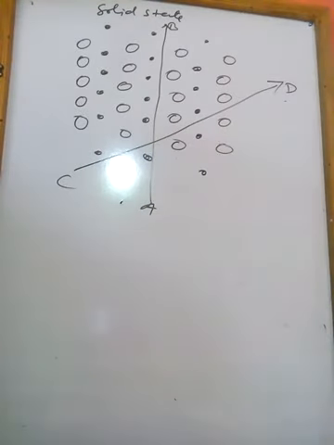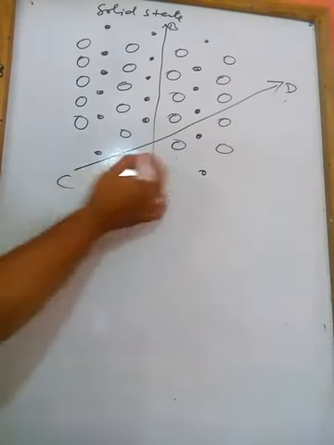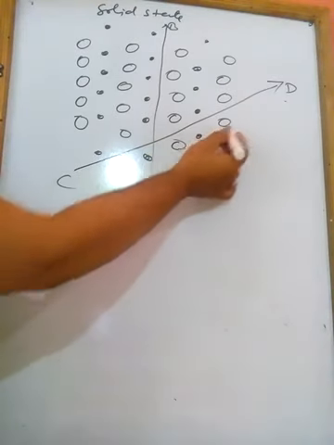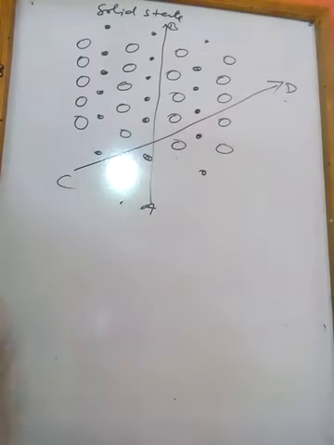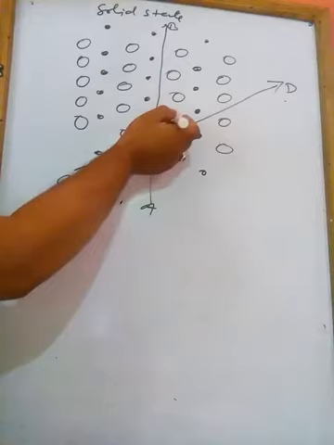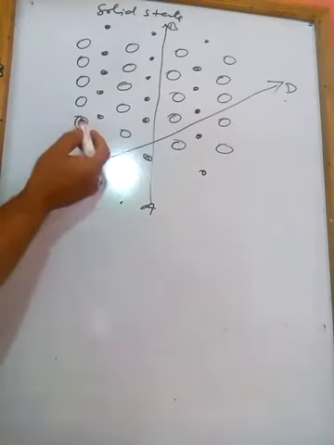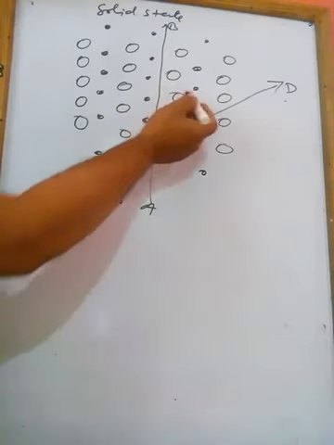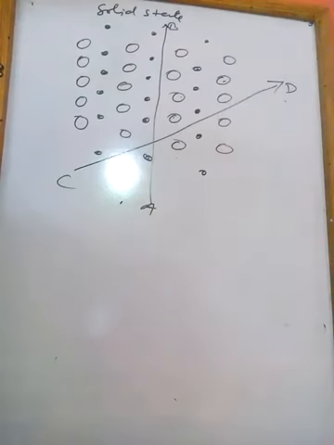If we look C to D, what happens? Small, big particles are repeated. Big, small, big, and so on. This is called anisotropy in crystals.